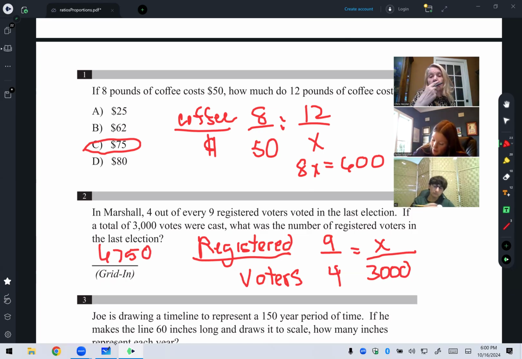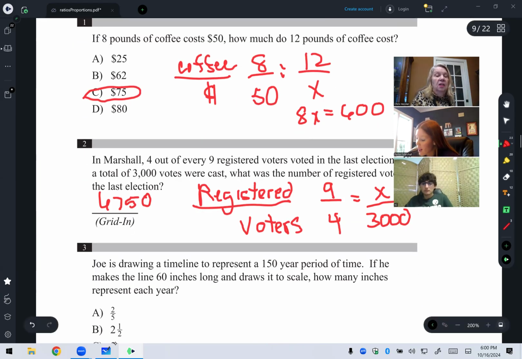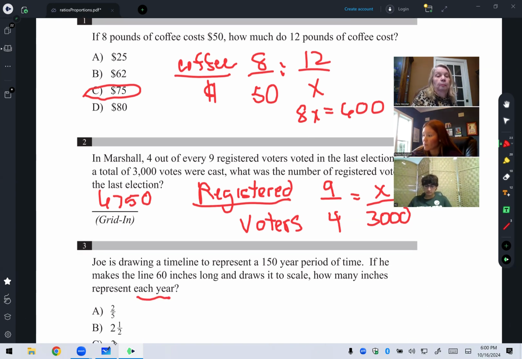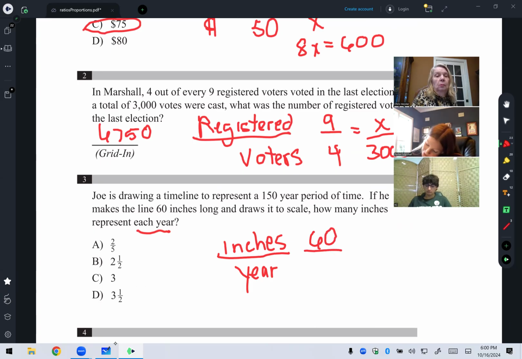Yes? Good. This one is a little tricky because it says each year. So Joe is drawing a timeline to represent. So basically we have inches per year. Just takes a second to write that. So it's 60 inches for the whole thing is 150 years.